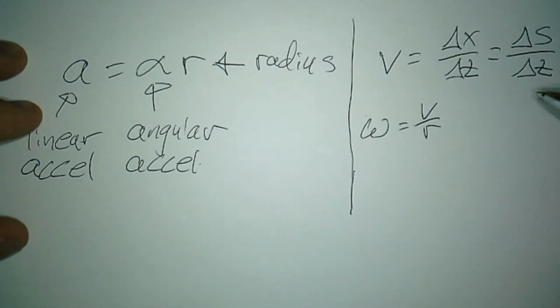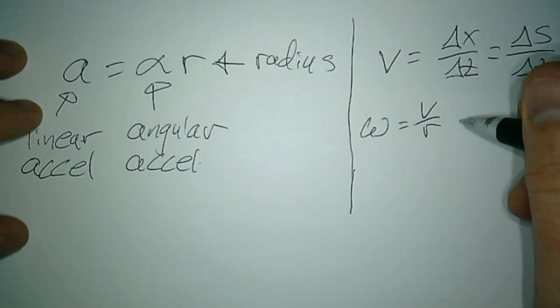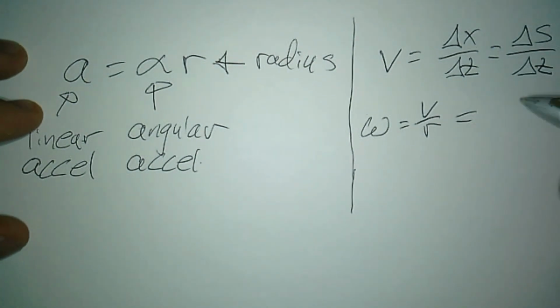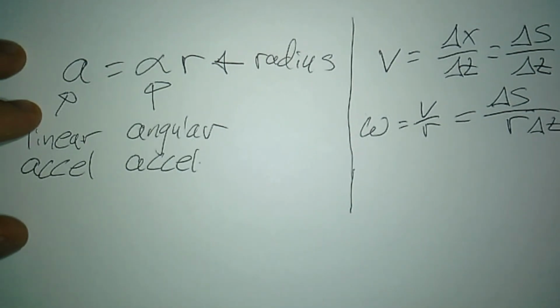Well, if we look at our other formula, we had delta S over R. Now this is going to be R and T, right?